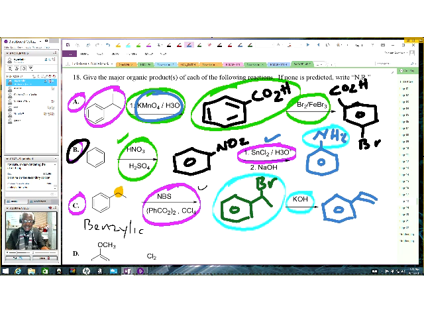That is what that reagent will do. Potassium hydroxide will remove bromine and hydrogen to form an alkene, and that is what we refer to as dehydrohalogenation. Let us move on.